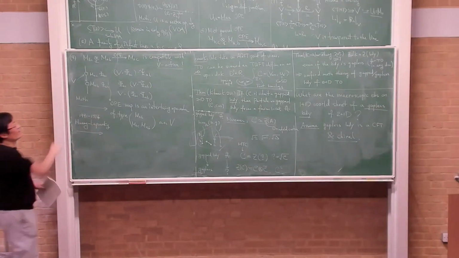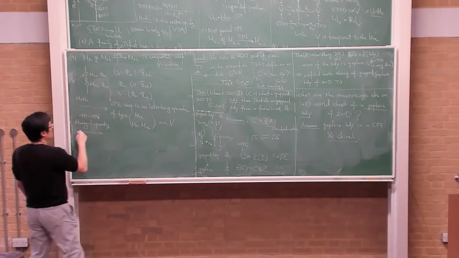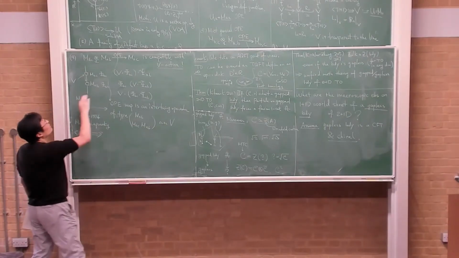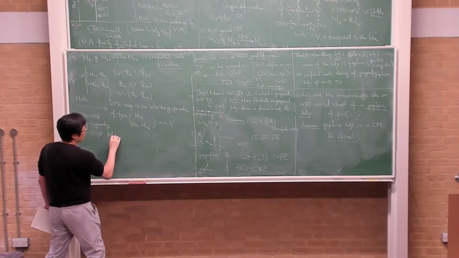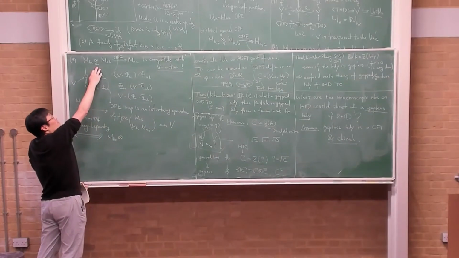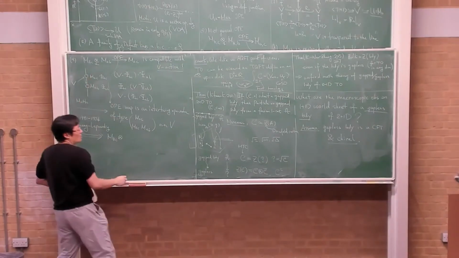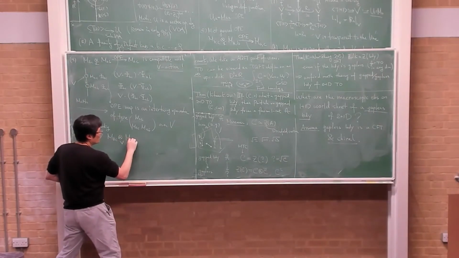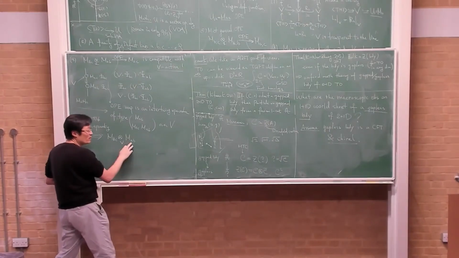Let me translate everything. So this is equivalent to saying there is, I'm going to do a magical move here. Previously, this is the vector space tensor product. Now I change it to relative tensor product over V, because they are V modules, okay?